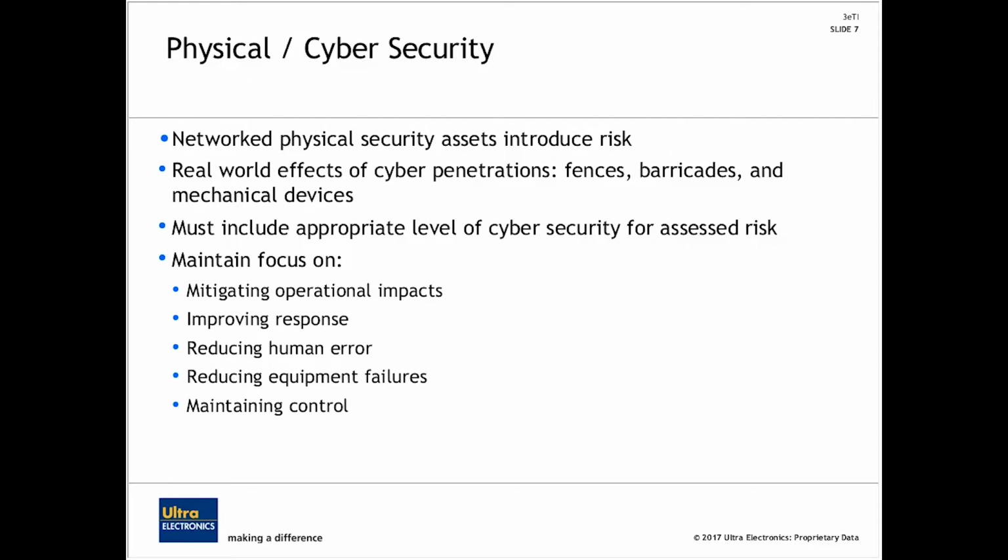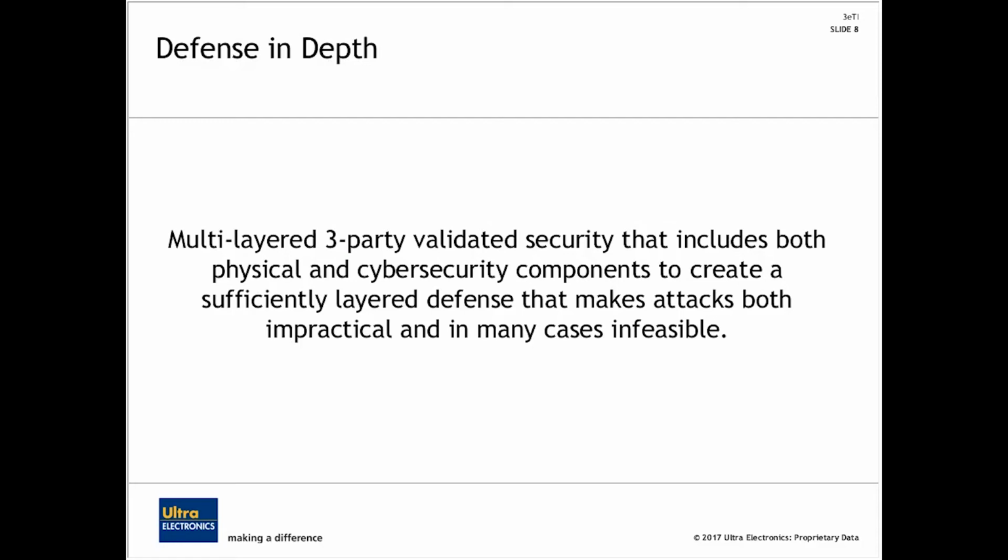That includes reducing human error, which can be attributable also to bad data or bad intel that may be manipulated to that force protection provider in the field, creating human error associated with inadequate or improper assumptions. Of course, it also means reducing equipment failures and always maintaining control, particularly on an outer perimeter of a campus, of a military installation, of a critical business area.